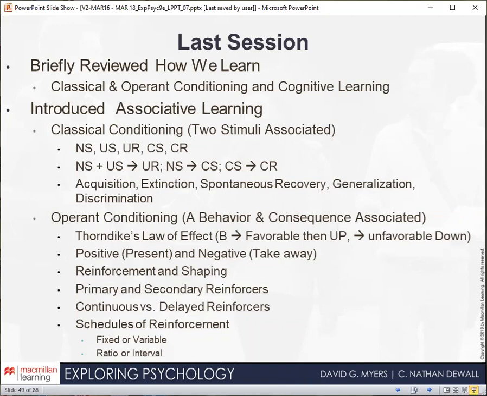After we've paired those two together for a time, the neutral stimulus takes on characteristics of the conditioned stimulus. What I mean by that is that if you pair the NS and the US together enough, when you present the CS, the conditioned stimulus, it can bring about a response in the organism similar to or exactly like the response we saw earlier. So it becomes the conditioned response.